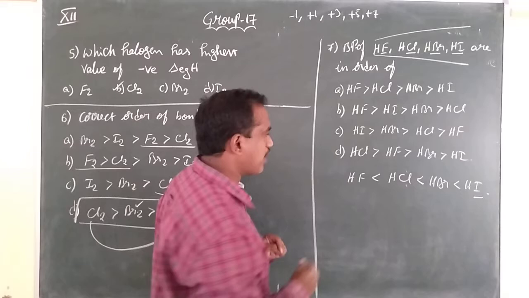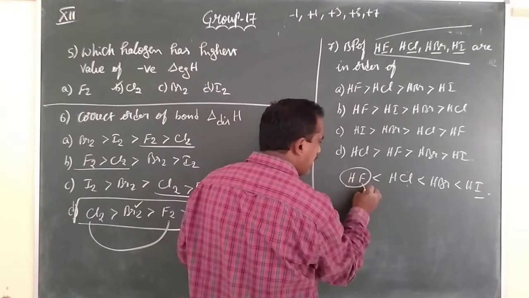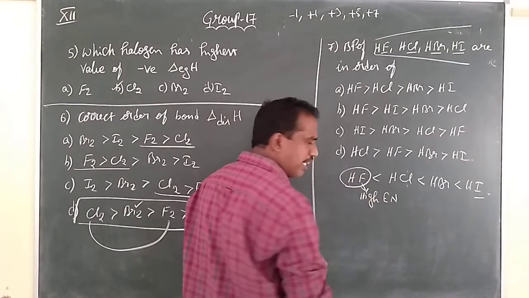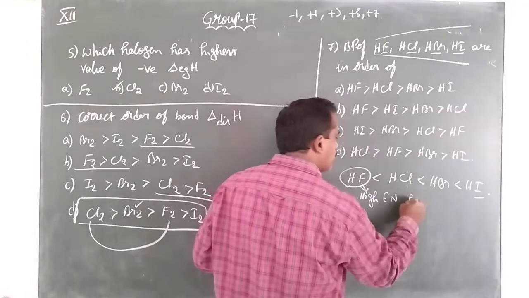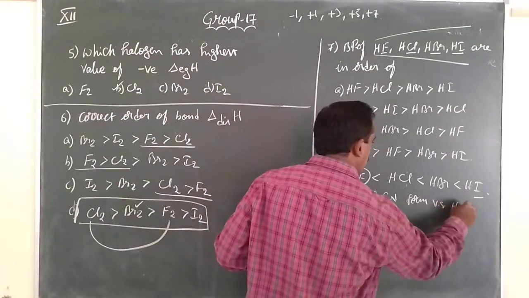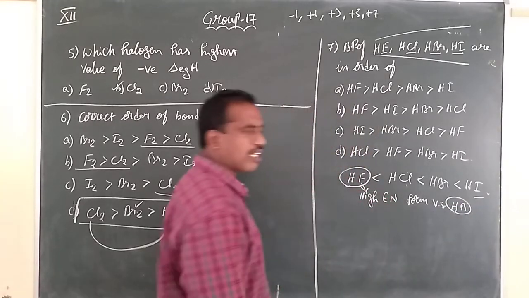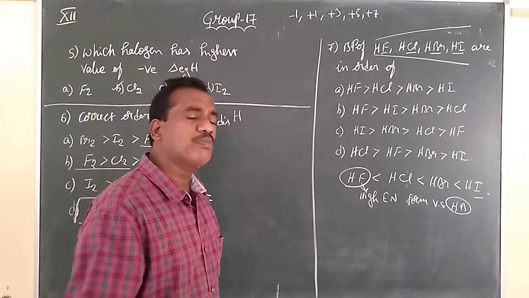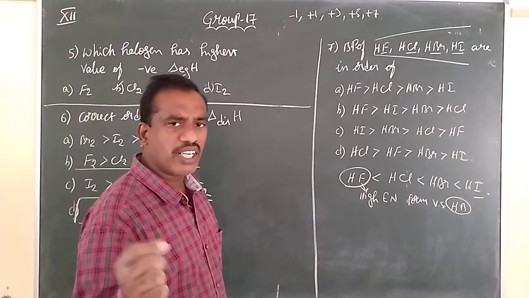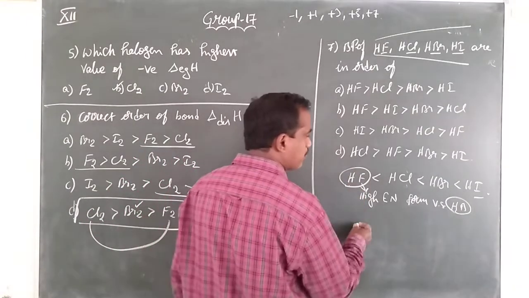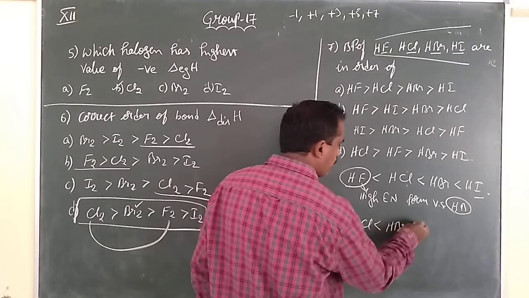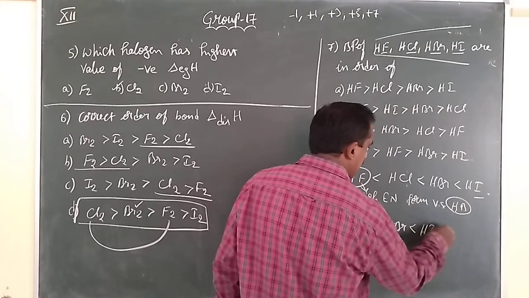But the point comes here. Fluorine being highly electronegative in nature forms very strong hydrogen bonding. Hence its boiling point is more than all the hydrogen halides. Then among the rest, hydrogen chloride is having lesser boiling point than hydrogen bromide, which is having lesser than hydrogen iodide.